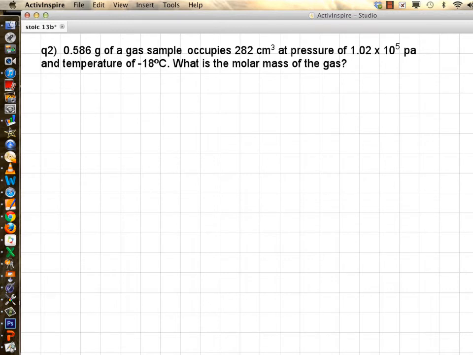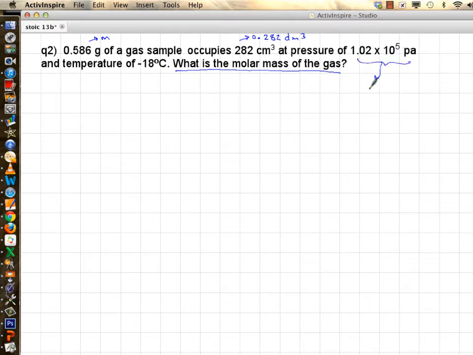This time there is a gas problem, but they're challenging us on molar mass. So they give us a mass of the gas, small letter m, representing that. They give us the volume. Immediately I convert it to decimeter cube, so 0.282 decimeter cube. They give us the pressure in Pascal, so I'm going to take it 3 decimal places back.